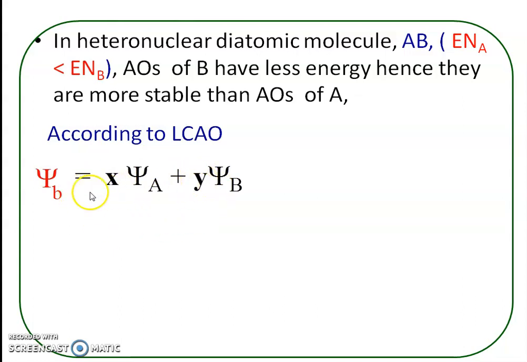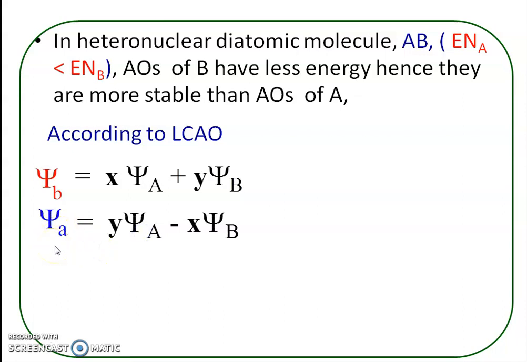If y is greater than x, then it is clear that in the process of formation of the bonding molecular orbital, the atomic orbital of B contributes more. So in the bonding molecular orbital, the atomic orbitals of B, the more electronegative atom, contribute more as compared to the contribution of the atomic orbitals of A, the less electronegative atom.